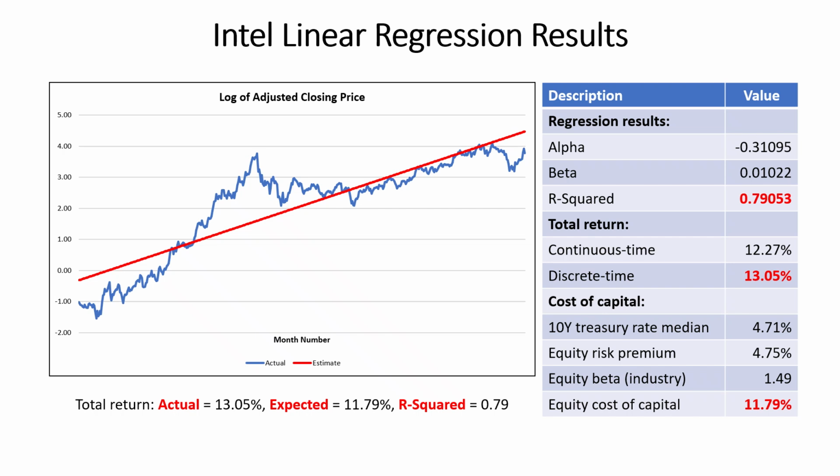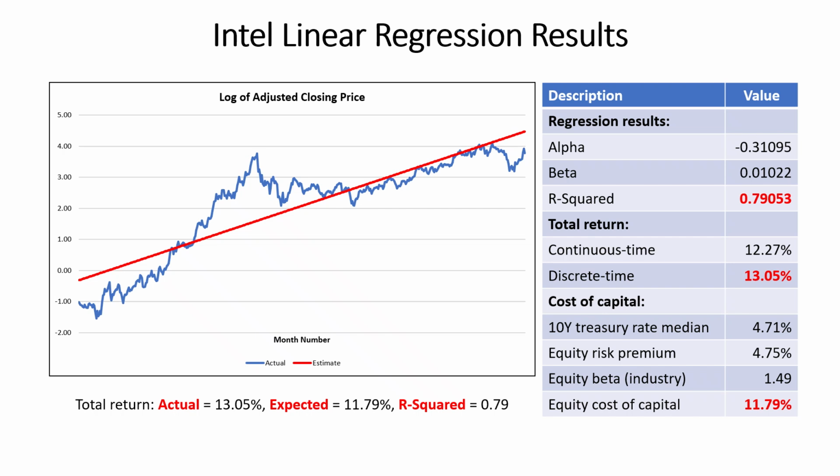So let's look at the regression results. We can look at the table to the right. Alpha value is negative 0.31. Beta value, which is our estimate of the monthly total return, is 0.01022. And remember, that's monthly. And the R squared tells us how good that model is as far as predicting the future.